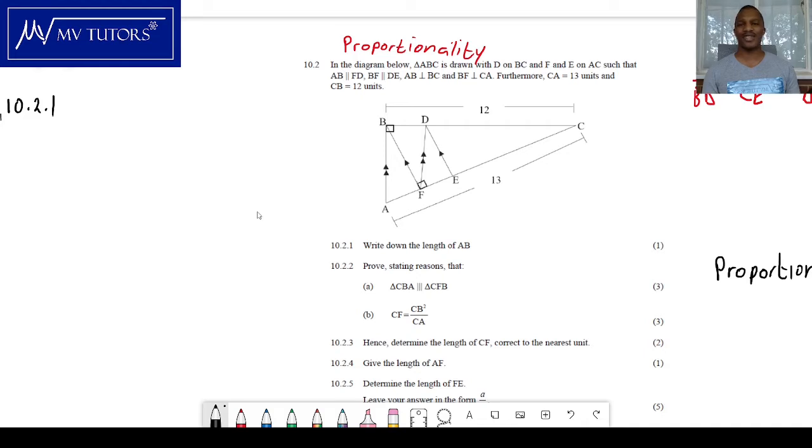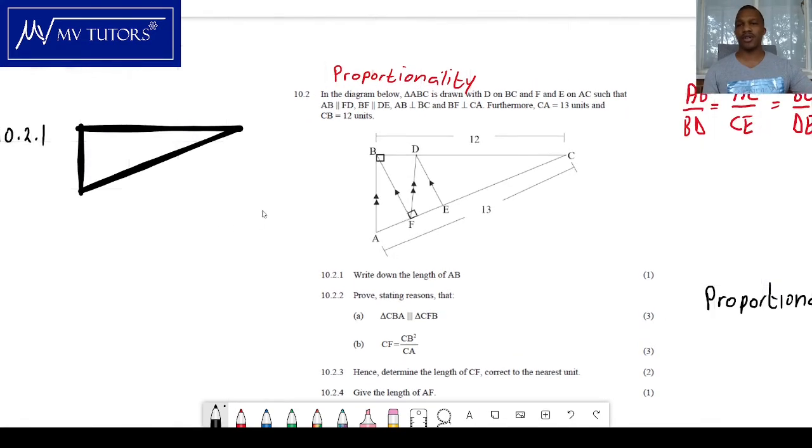Now, whenever I get these things, I always like to take out from the question, because you can see this drawing is actually very busy. So I just want to take out what is relevant for me to answer the question. Okay, so taking that out, I'll redraw the triangle just like that. And the one that I'm interested in really is, because they want the length of AB.